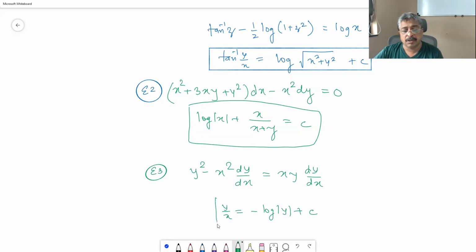Okay, the answer for this third problem is y by x is equal to minus log mod y plus c. If anybody wants me to write the complete solution, I can write, but otherwise we are moving on.